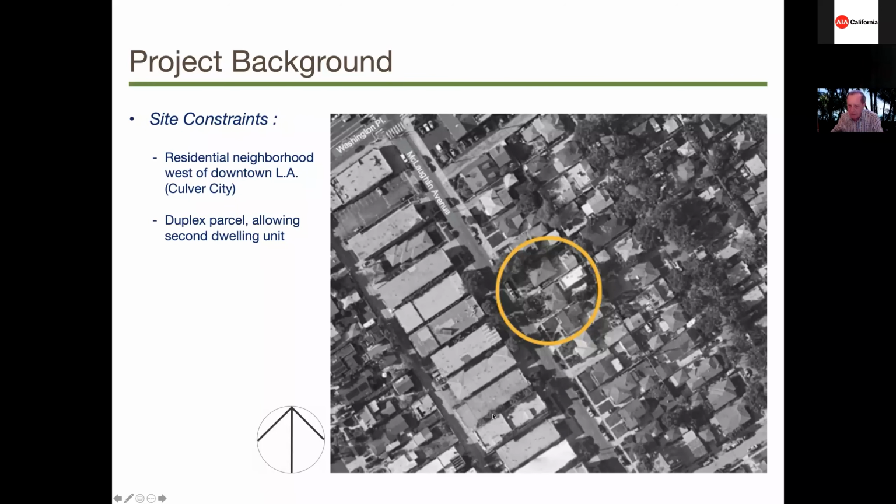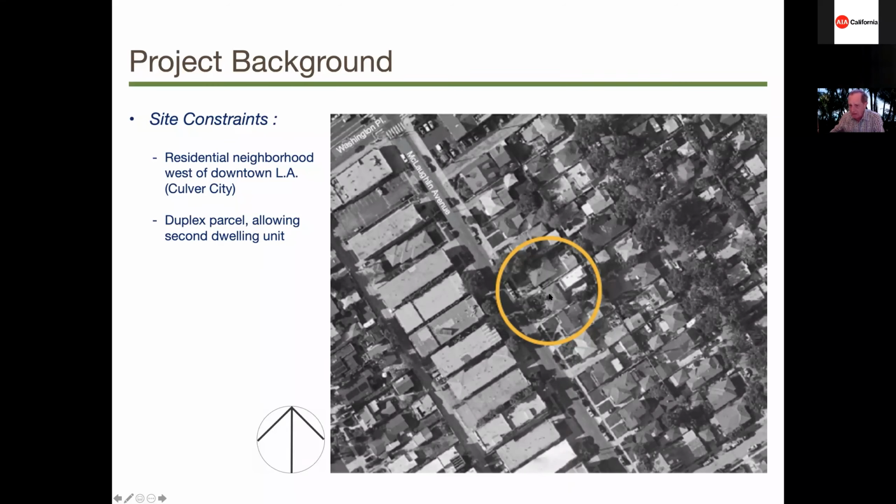A lot of multifamily projects across the street and a lot of single family houses on this side of the street. But Culver City had what's known as a duplex parcel where, because it's basically zoned multifamily, the type of zoning allowed this, before the ADU state law that got passed recently, allowing this to happen for everybody. Culver City was already zoned, allowing this to happen.